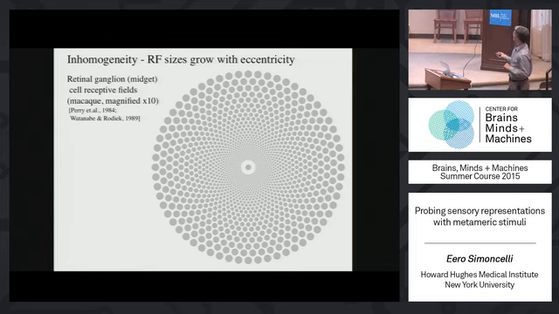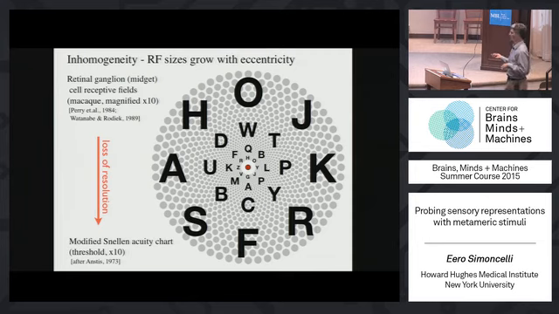And this diagram is showing these little circles are about 10 times the size of your midget ganglion cell receptive fields in your retina. So if you fixate right here in the center of this, these things are about 10 times the size of your receptive fields. And that's been long thought to be the primary driver of your limits on acuity in terms of peripheral vision.